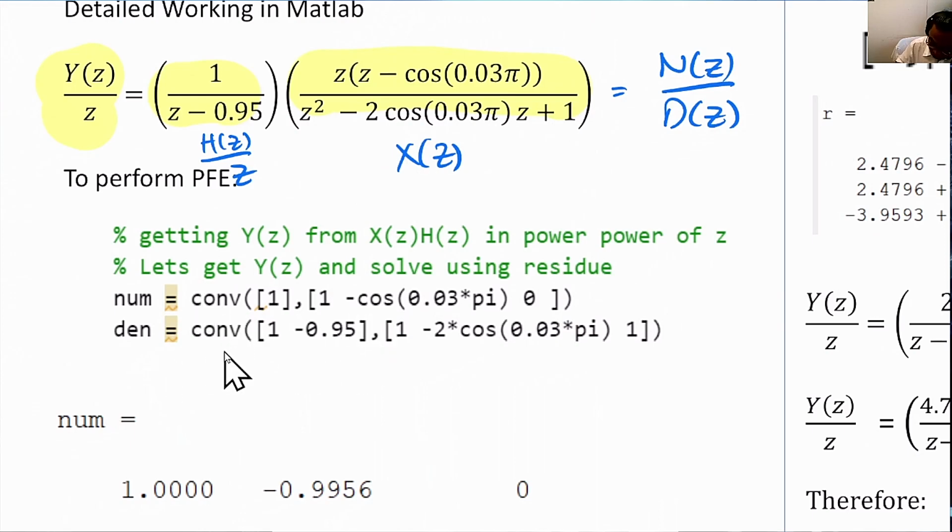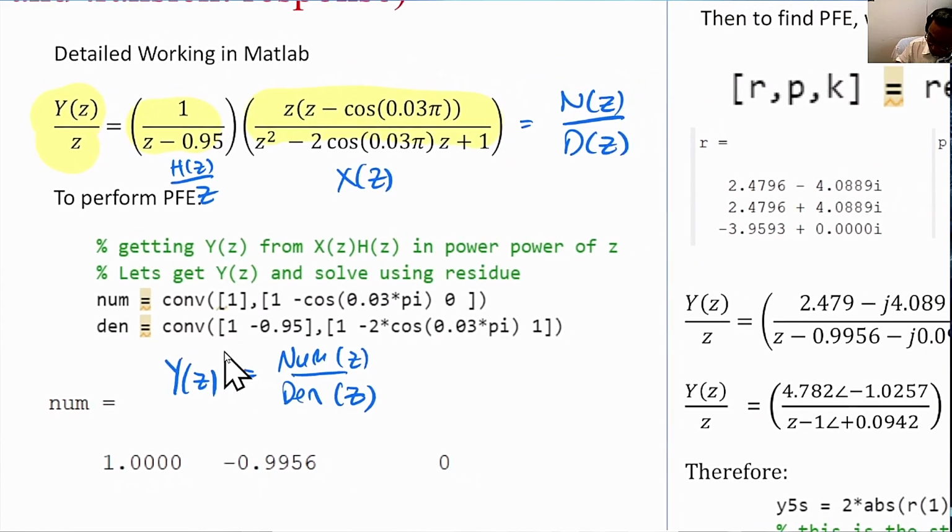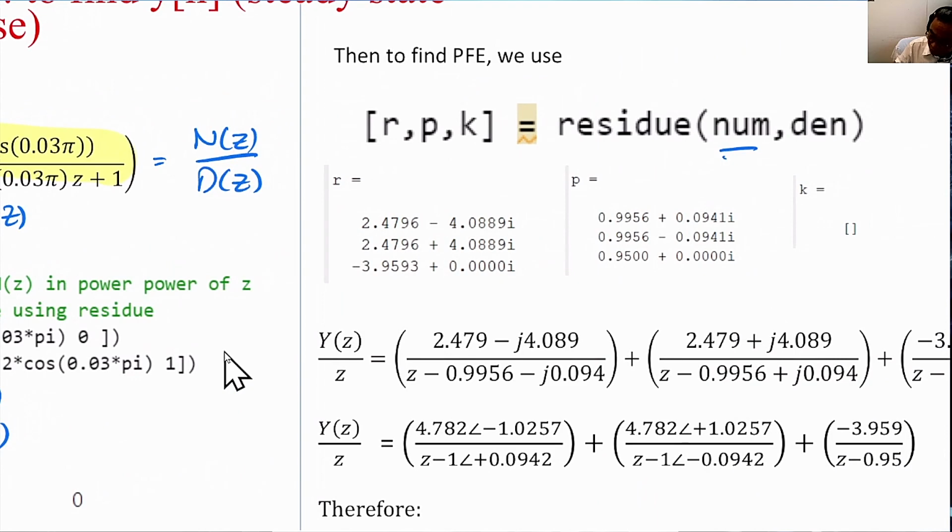So what we have now is Y of z equals the numerator divided by the denominator as factors. We don't even want to see these values immediately. We can send the numerator and denominator into residue to find R, P, K. And RPK shows us this is R1, this is R2, this is R3, and this is P1, this is P2, and this is P3.